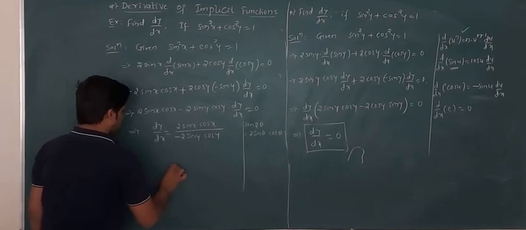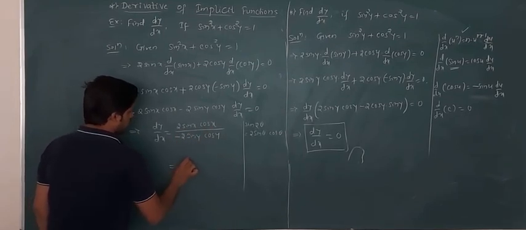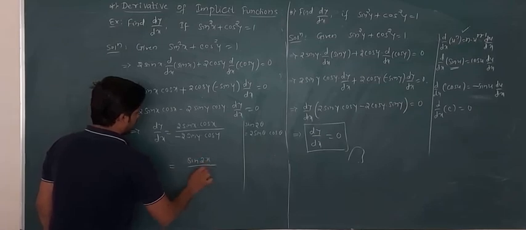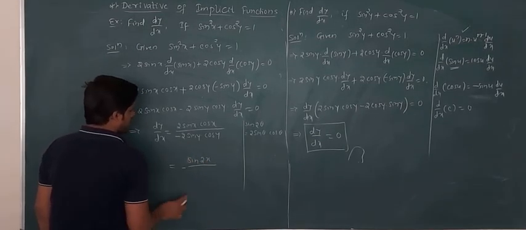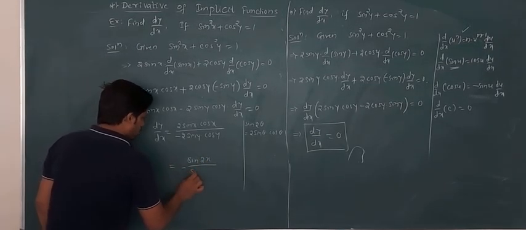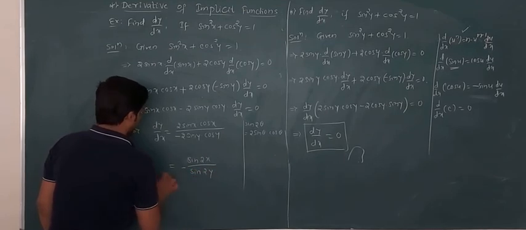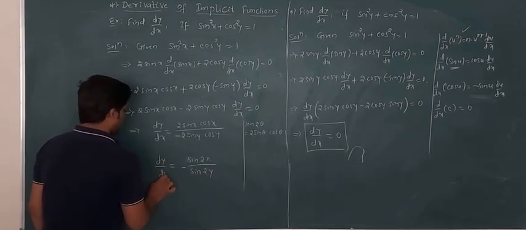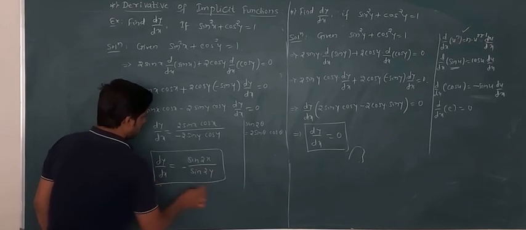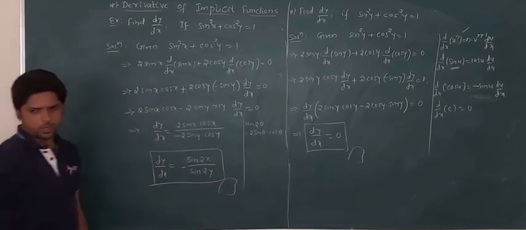So this can also be written as 2 sin x cos x is nothing but sin 2x divided by, here minus is there, so minus sin 2y. That is our dy by dx, which is our required solution. Note it down.